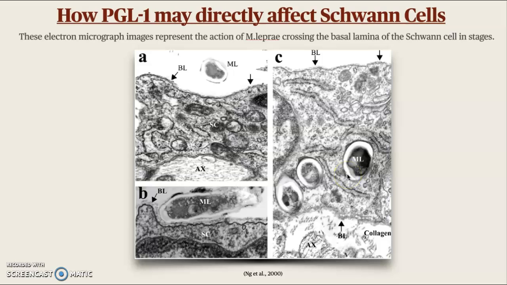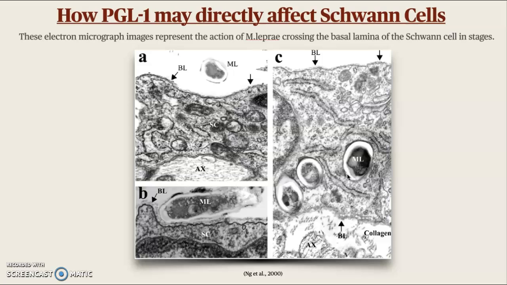So the early understanding of how M.leprae infected Schwann cell tissues went something like this. The M.leprae somehow gains access to peripheral nerve tissue and shows a preference for Schwann cells.